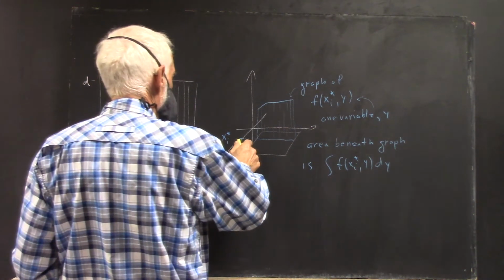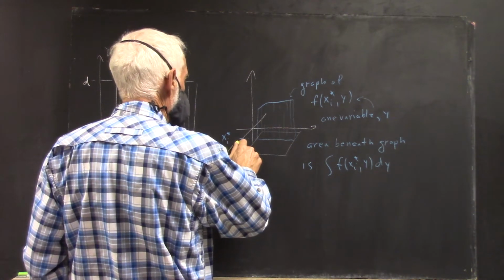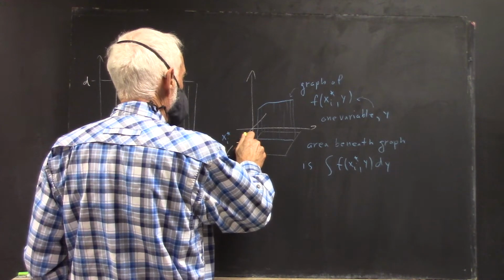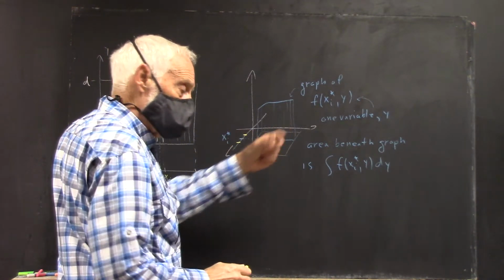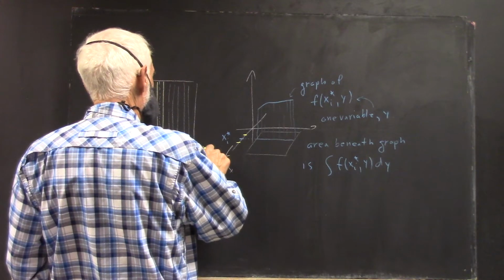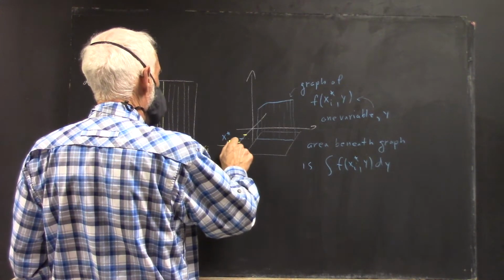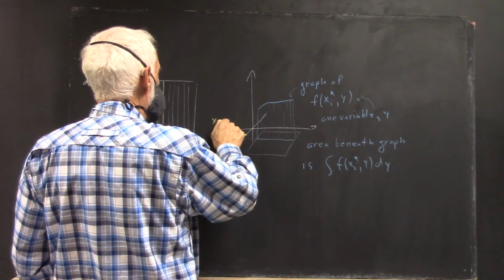Now, of course, you've got your xi and your xi minus 1. I'll kind of exaggerate how far apart these are. They're not going to be very close together, but so here's xi, here's xi minus 1.